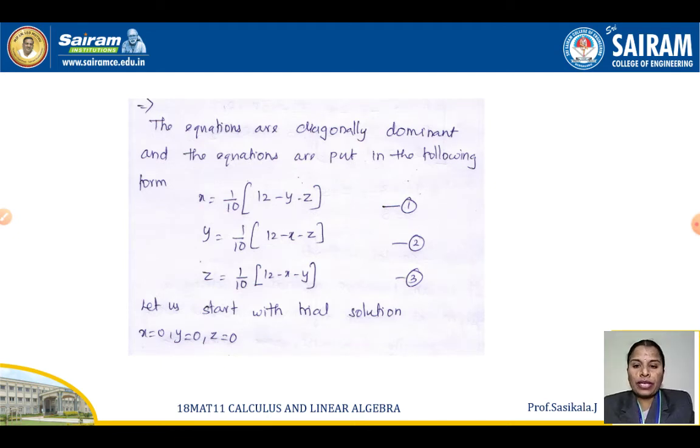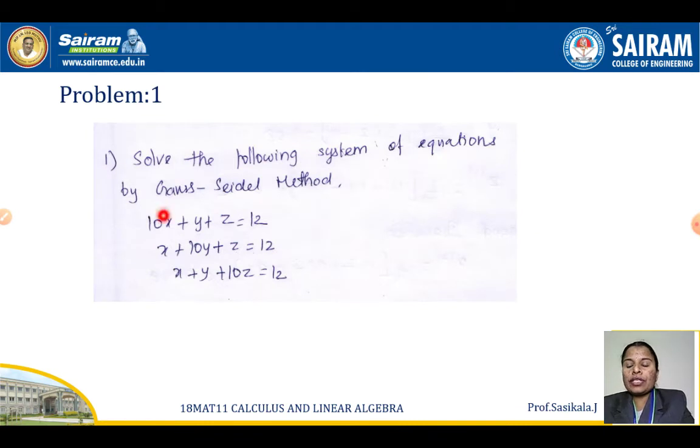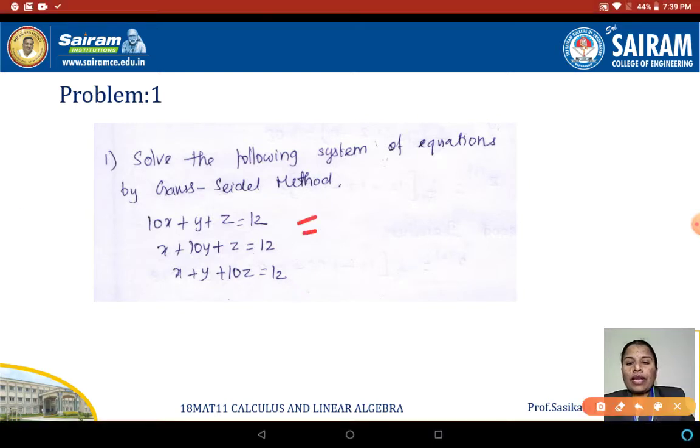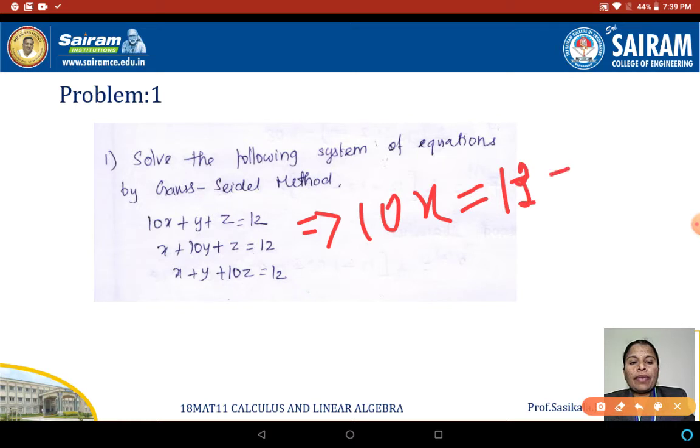From the first equation, I am going to express x in terms of y and z. We can write 10x is equal to 12 minus y minus z.